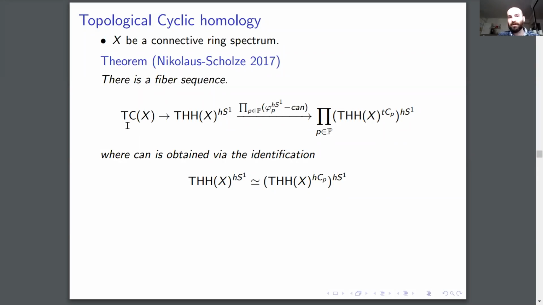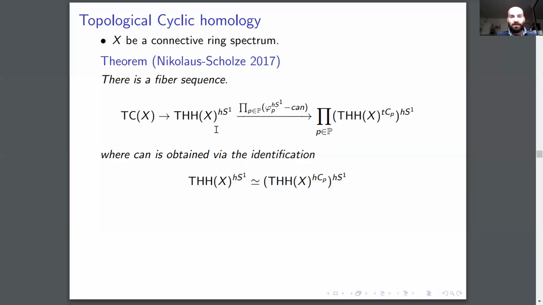That's how people think about it. So you define TC of X as the fiber of this map, due to the theorem of Nikolaus Scholze. This only works for connective ring spectra, but it's not really a problem because we only do trace methods for connective ring spectra anyway, so not a biggie.